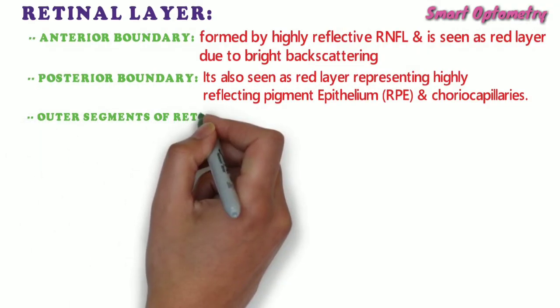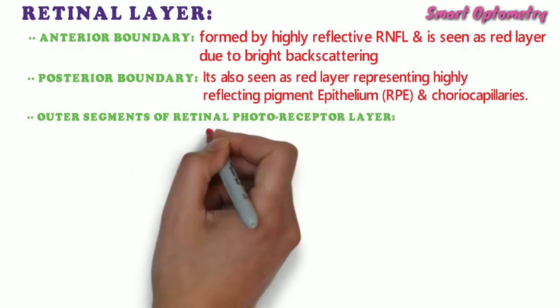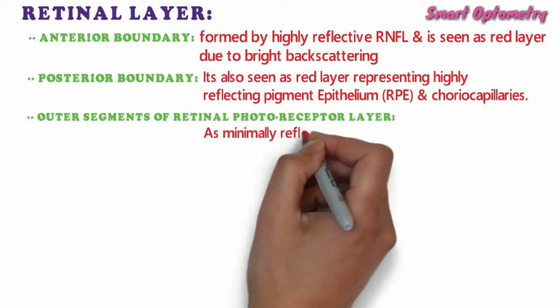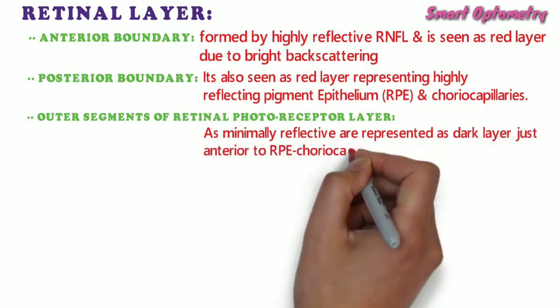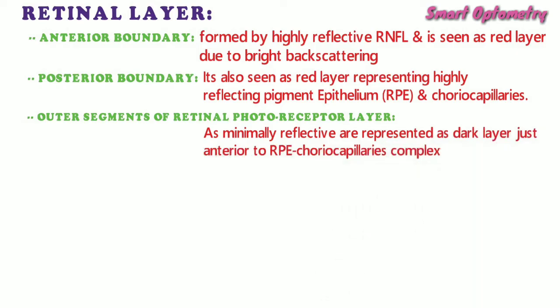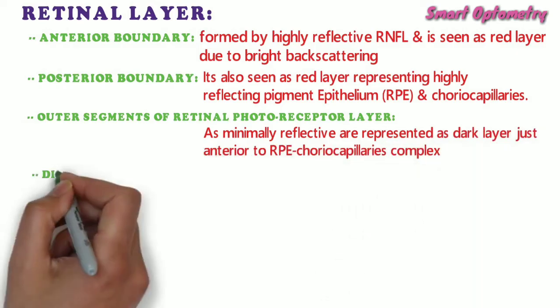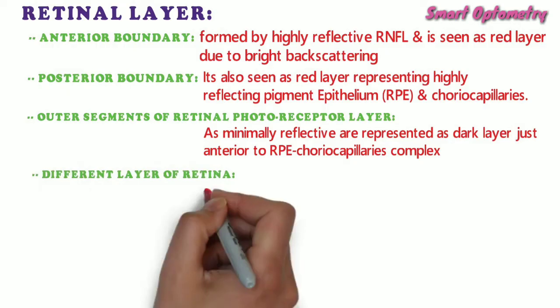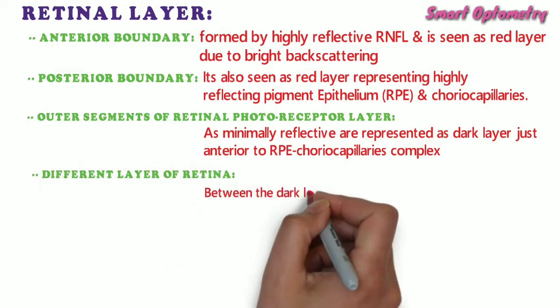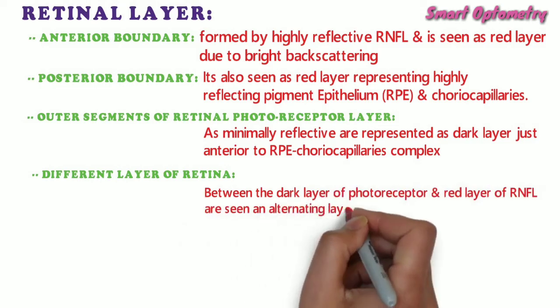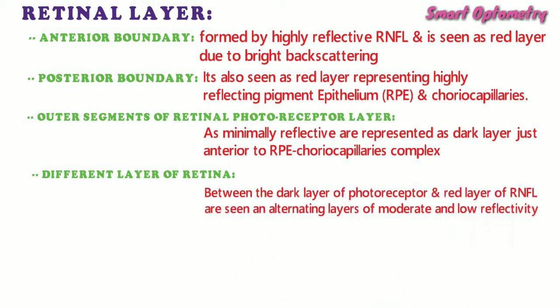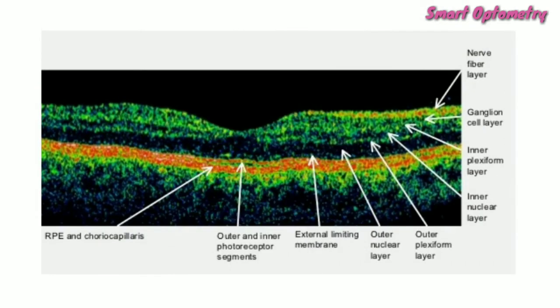Outer segment of retinal photoreceptor layer, being minimally reflective, is represented as dark layer just anterior to RPE choriocapillaris complex. Different layers of retina. Between the dark layer of photoreceptor and red layer of RNFL are seen alternating layers of moderate and low reflectivity. Here is a figure of retina with all the layers.